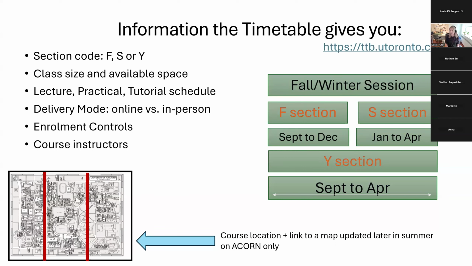Enrollment controls, we'll have a slide coming up about enrollment controls, but it is a way of ensuring as best as we can that students who need the courses get access to them. So for example, Bio 120 and Bio 130 have an enrollment priority to first year life science students.